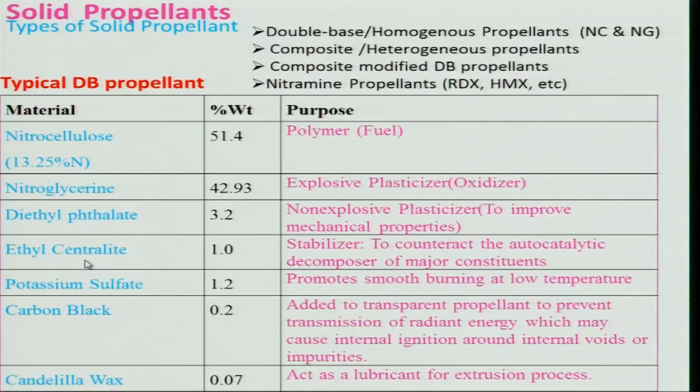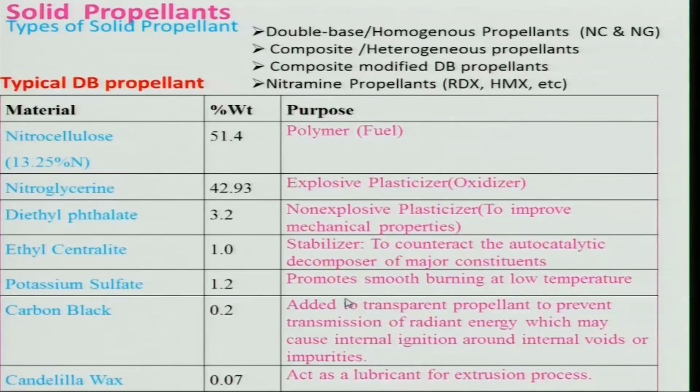Why do you need to have mechanical properties? Because the propellant will be subjected to a lot of stress, very high pressure. And ethyl centralite is again a stabilizer to counteract the autocatalytic decomposition effect of a major constituent. Because of high temperature, some constituent might be autocatalytic.